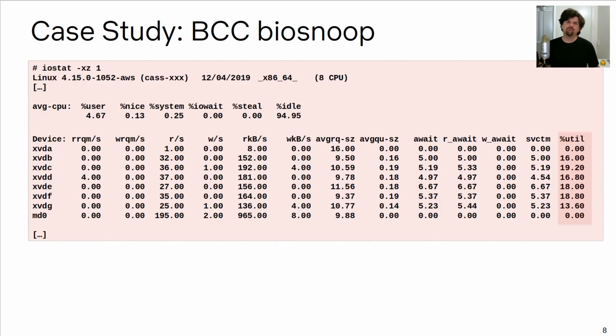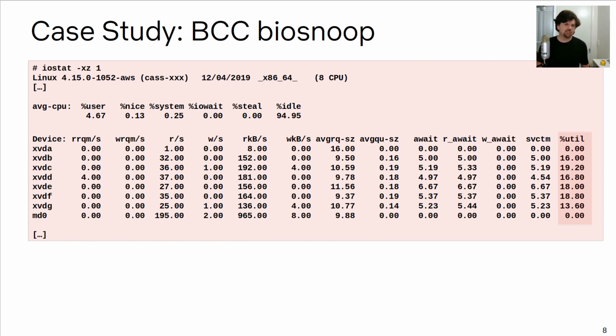I'll share a case study of how these fit together, and this is from something I analyzed. This was a Cassandra database, and I begin by using the standard Linux tools like iostat, and I saw that the disk utilization was around 15%. So this is a light workload, and I've got around 5 milliseconds for the average wait time.